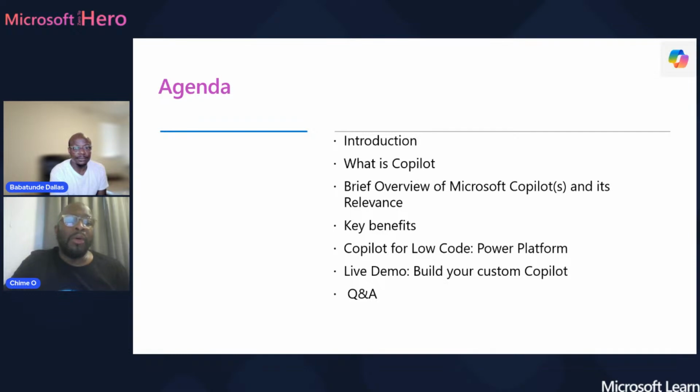And time permitting, I will also look at some of the portals within the Power Platform space where we can build our own custom Copilots. Then there will be some time for questions and answers. Like I said, if not in this session, always feel free to reach out to me and I will be able to answer your questions.